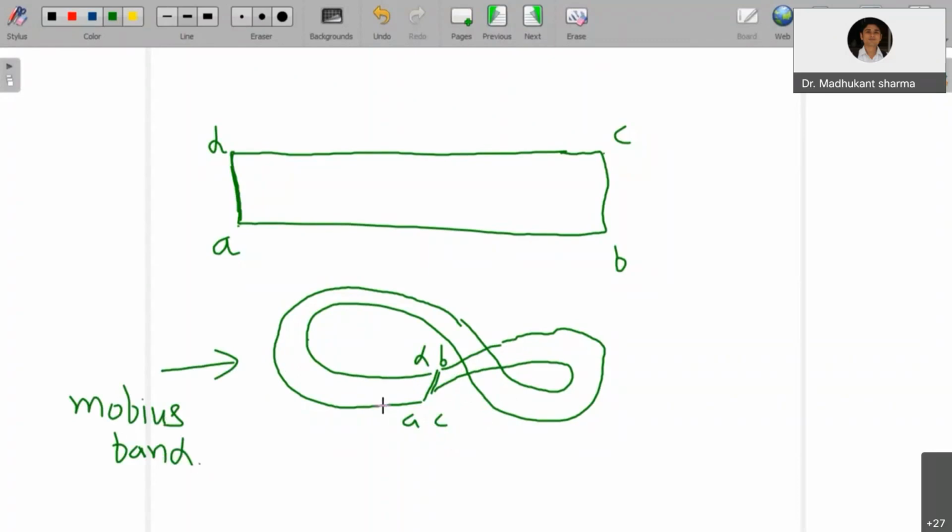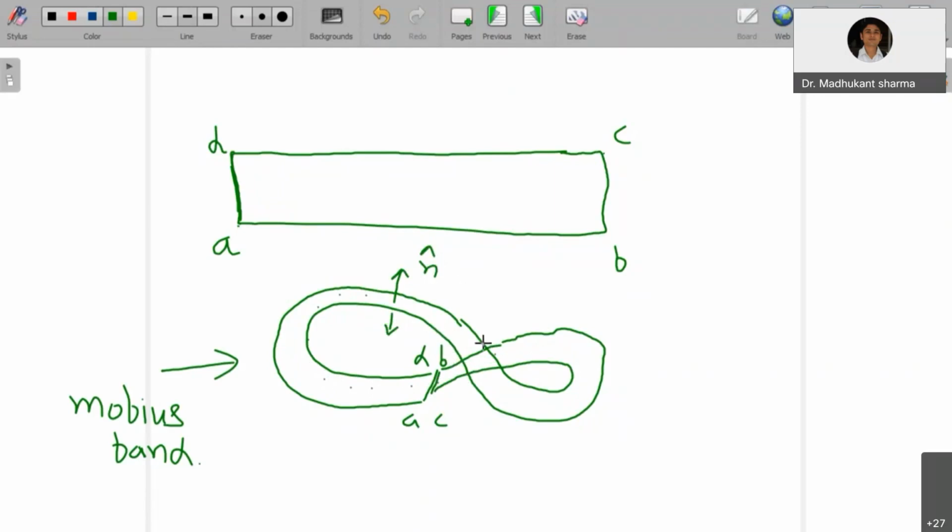And it is non-orientable. Why? Because at whichever point you start drawing the unit outward normal, if you continuously go along, you will get at the same point the outward normal in the negative direction as well.